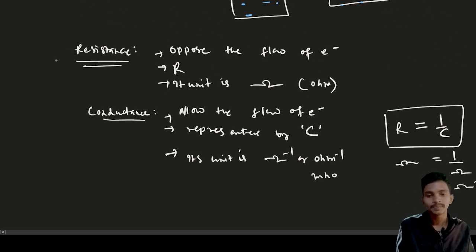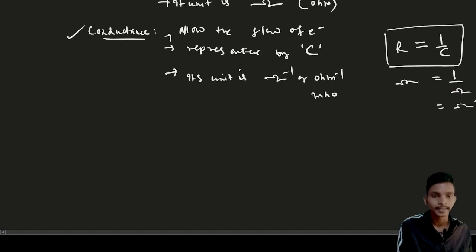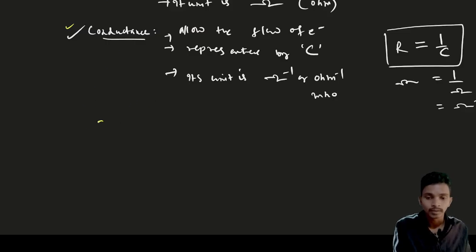Now these terms are fine, but whenever resistance and conductance are not specific, meaning they are not normalized, new terms came: specific resistance and specific conductance, which actually give you a specific value.